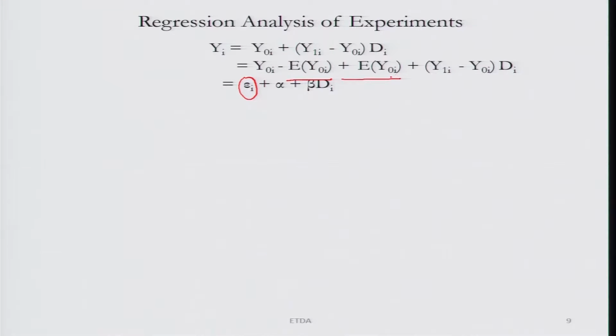The expectation of the baseline value y naught i is essentially the intercept in your regression, and y 1 i minus y naught i, which is the treatment effect, is captured in the coefficient of d i, which is beta. So now you see the analogy between the treatment effect that we defined in the previous slides and a regression framework.